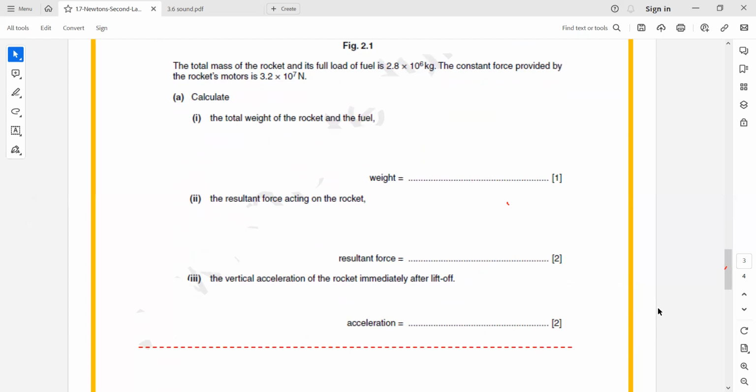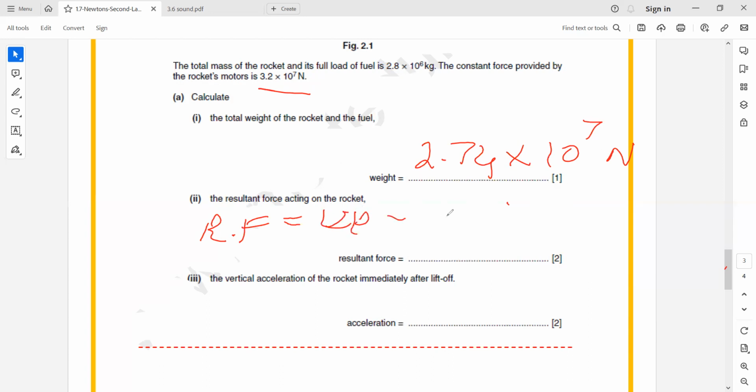As I have told you, weight is acting downward, which you just calculated, that was 2.74 times 10 power 7 newtons. And the second force is the driving force, which is 3.2 times 10 power 7 newtons, and it is acting in upward direction. So the resultant force would be upward force minus downward force.